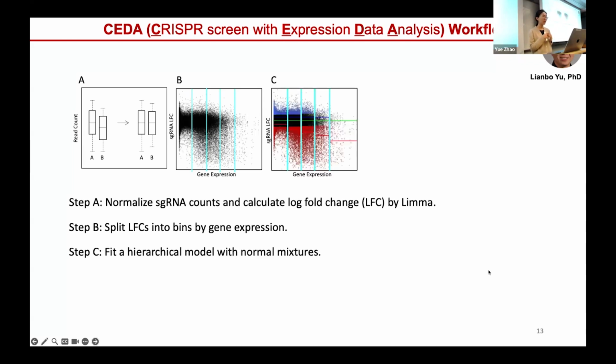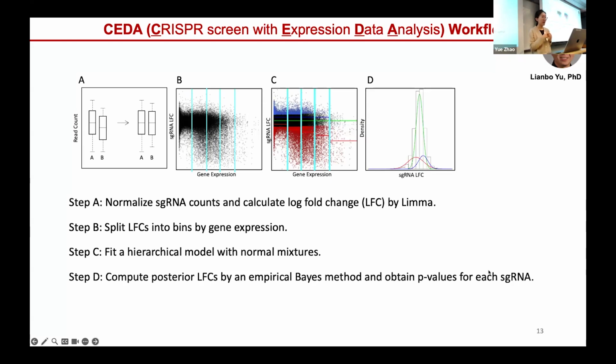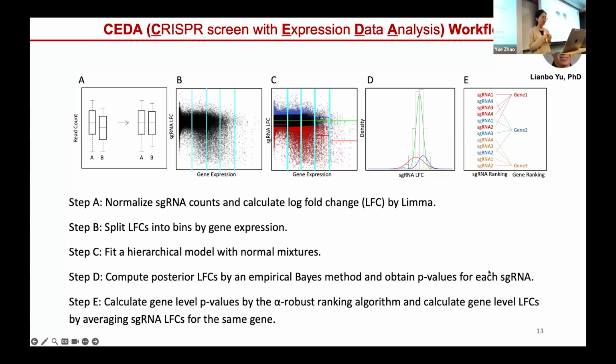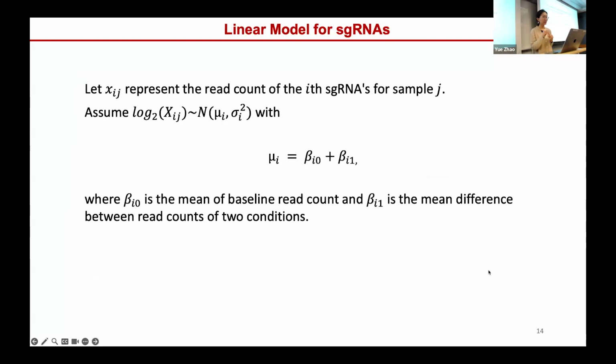Step C is to fit a hierarchical model with the normal mixture. Then we compute the posterior log fold change by an empirical Bayes method and obtain the p-value for each guide RNA. And the last step is to calculate the gene level p-value by the alpha robust ranking algorithm and calculate the gene level log fold change by averaging the guide RNA level log fold change for the same gene.